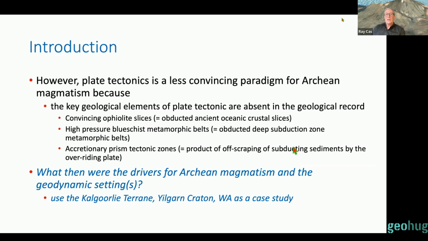When we get to the Archean, there are some problems with finding adequate geological evidence for plate tectonics. There is a lack of convincing slices of ancient oceanic crust, or ophiolites as they're known, in old orogenic belts. These represent overthrust or obducted slices of oceanic crust.